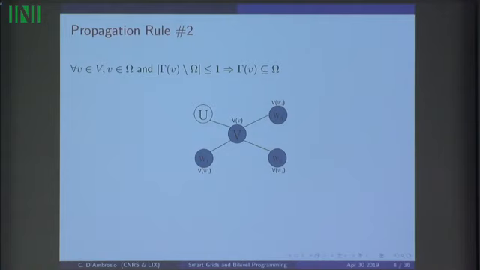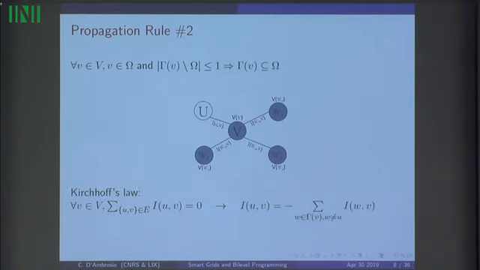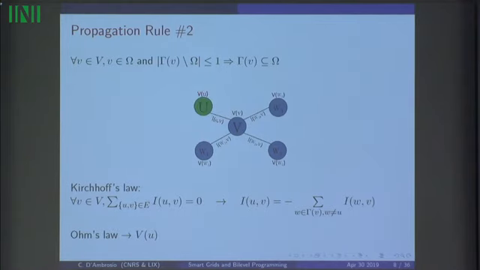So we also know the current on these three edges. We know the current in all the edges besides one. So thanks to Kirchhoff's law, we can calculate the current of the last edge. And then, thanks to Ohm's law, we can also observe the last node. Questions?